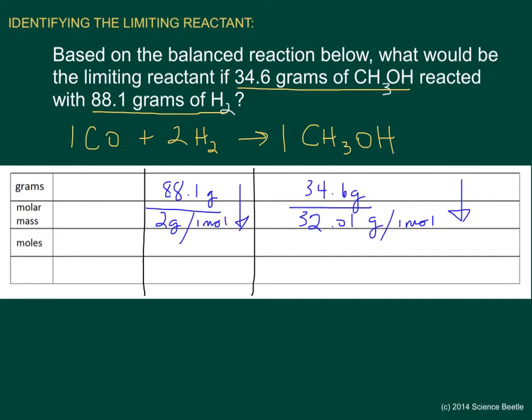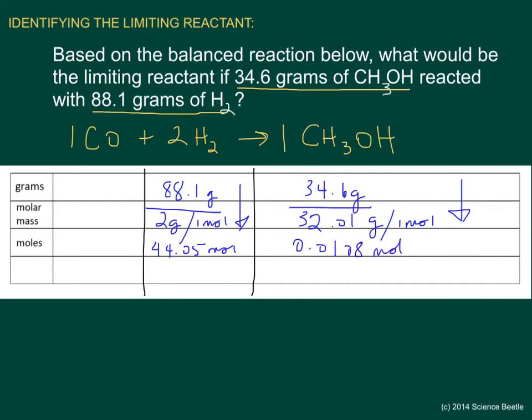So I'm going to take 88.1 divided by 2 to give us 44.05 moles of H2. And if I take 34.6 divided by 32.01, I get 0.0108. And this is moles of the CH3OH.